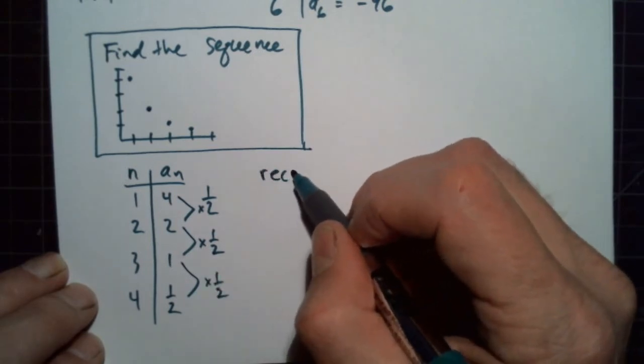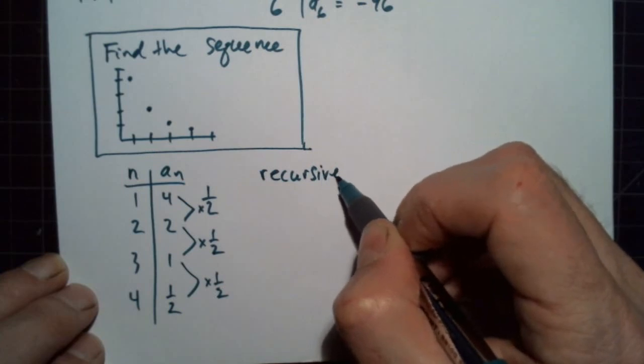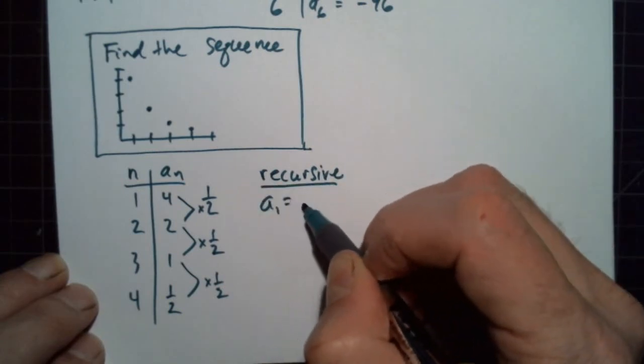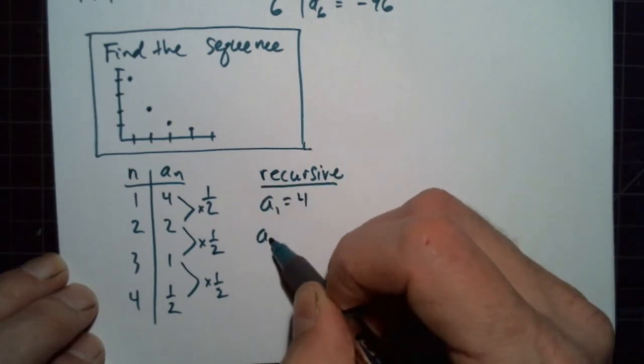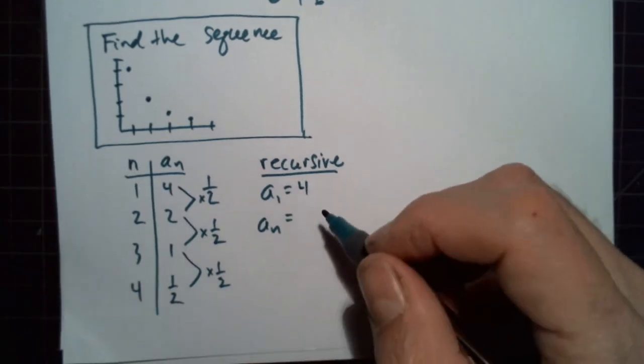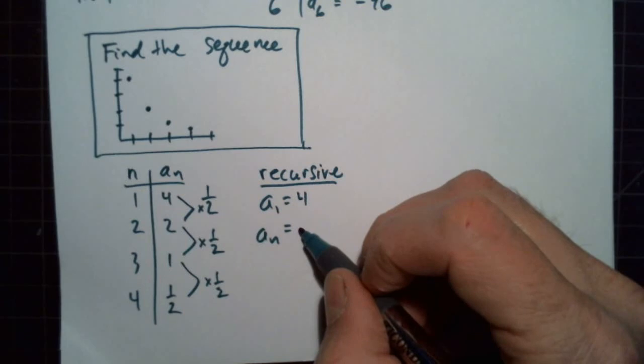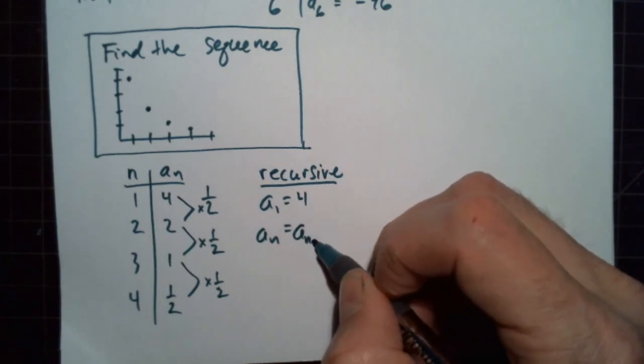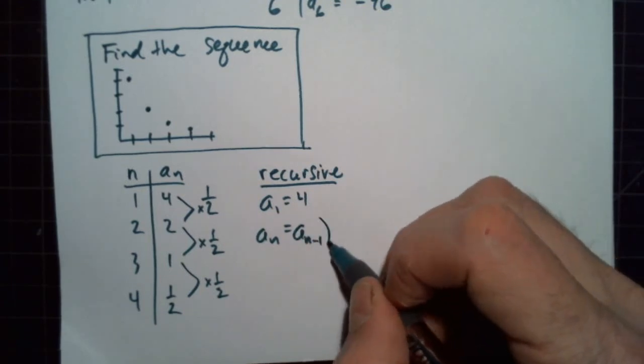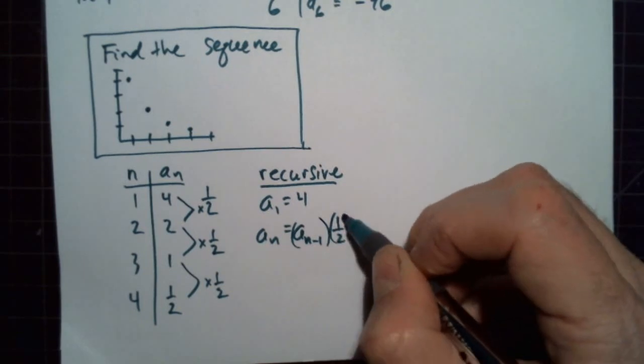Then we can make formulas. Say what we start at, and then say how to get to the next term. So we take what we start with, and then multiply by 1/2. Take the previous term times 1/2.